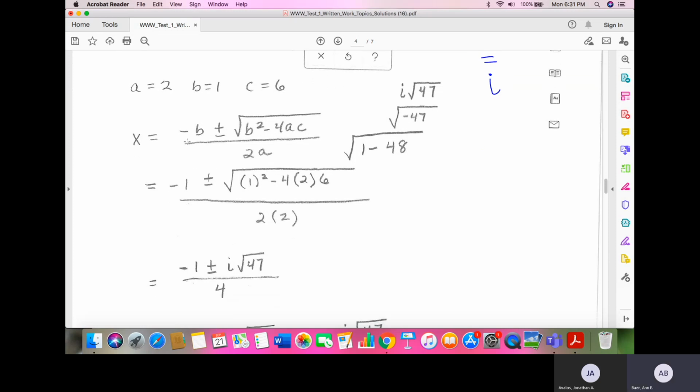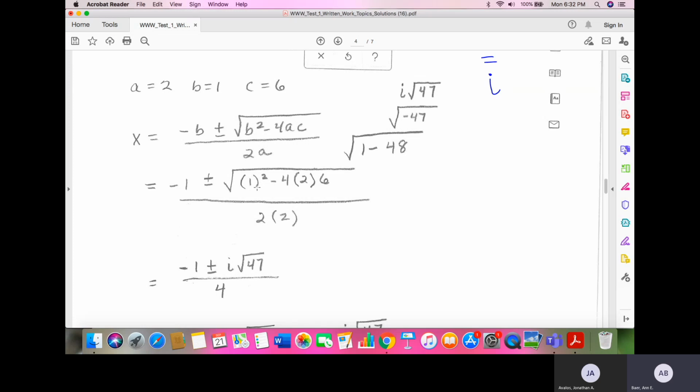So let's plug in. Negative, just copy it down. B is 1. 1 plus or minus the square root, b is 1. I always put it in parentheses, whether it's positive or negative, because I am a creature of habit.